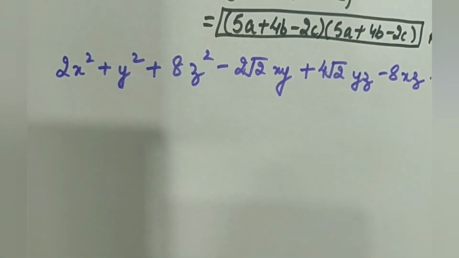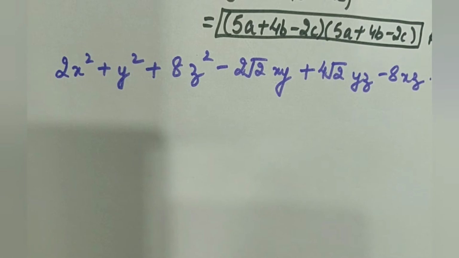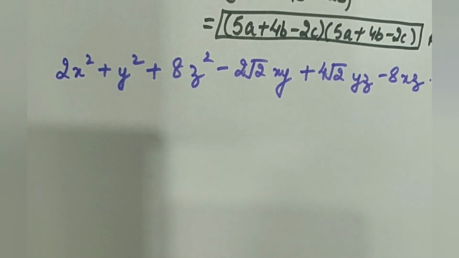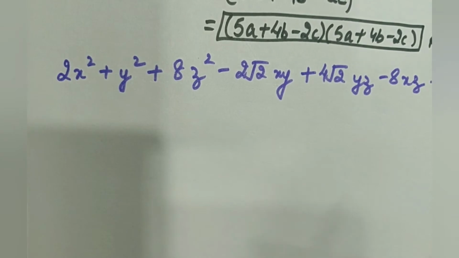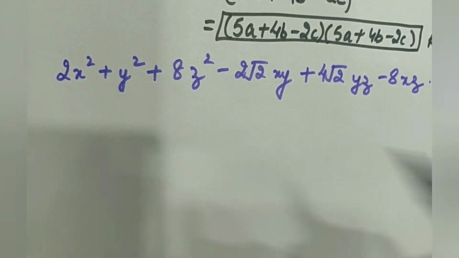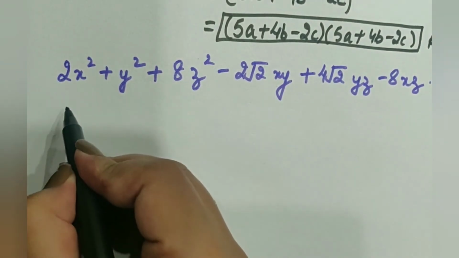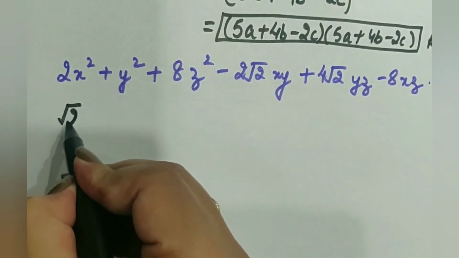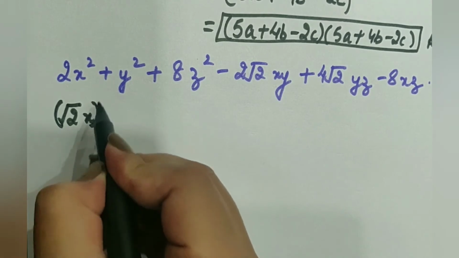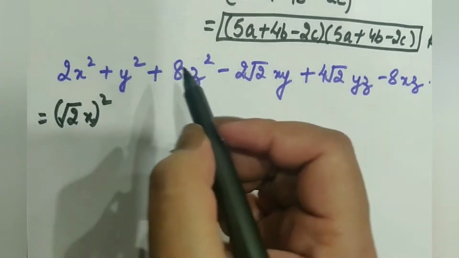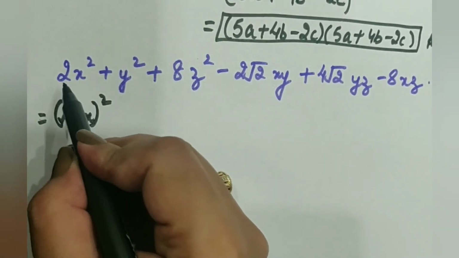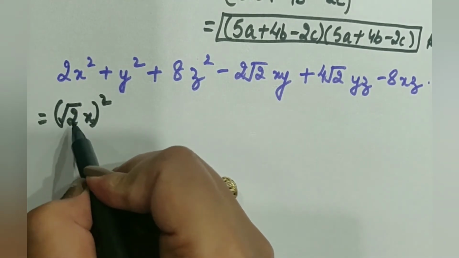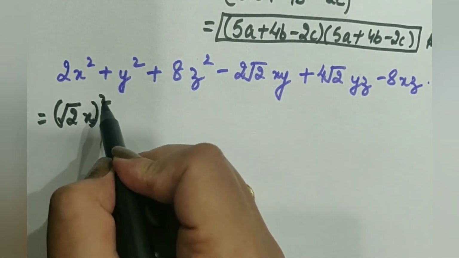Now let's consider one more example. 2x square plus y square plus 8z square minus 2 root 2 xy plus 4 root 2 yz minus 8xz. This 2x square can be written as (root 2 x) whole square, because root 2 into root 2 is 2. So 2 can be written as root 2 whole square, and x as x square.